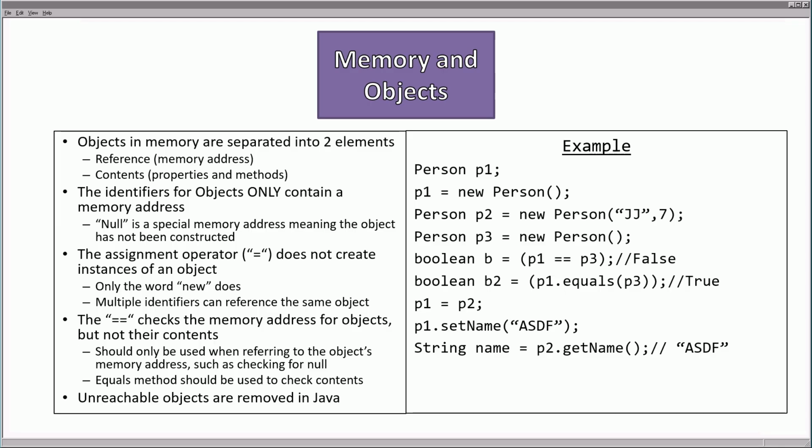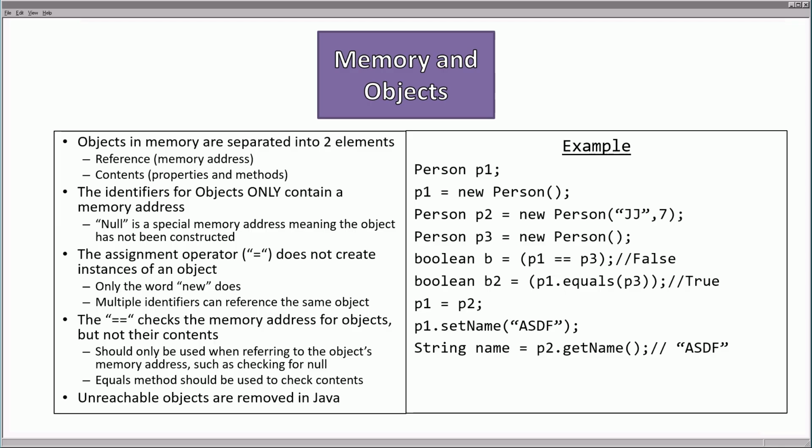Null is a very special kind of memory address that means that this object has not been constructed. We have not used the word new in order to dynamically allocate all of that code in this specific object. The assignment operator does not create instances of objects, only the word new does, and multiple identifiers can reference the exact same object in memory.